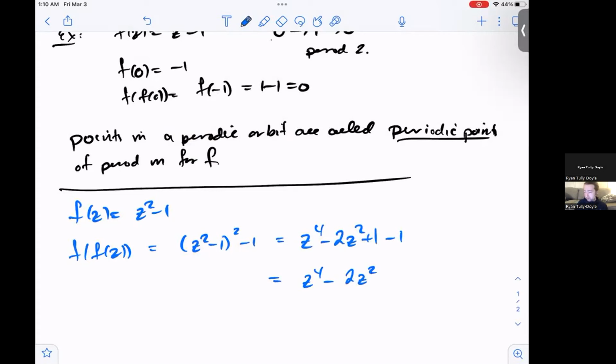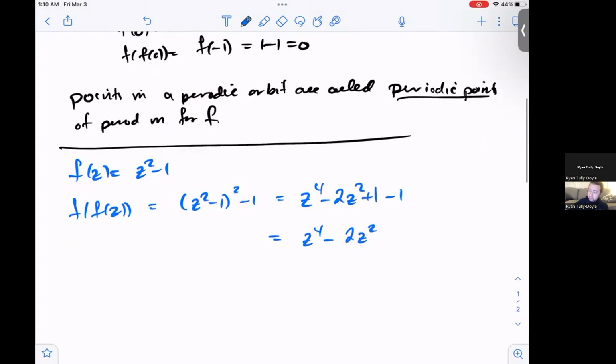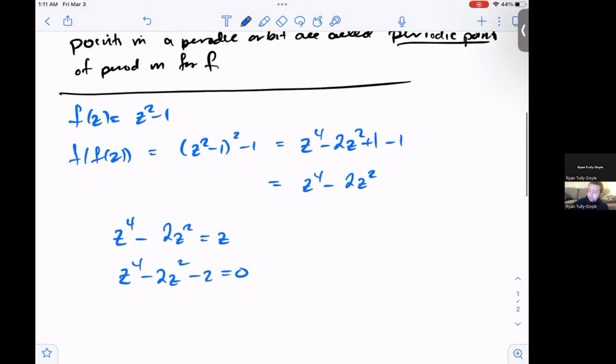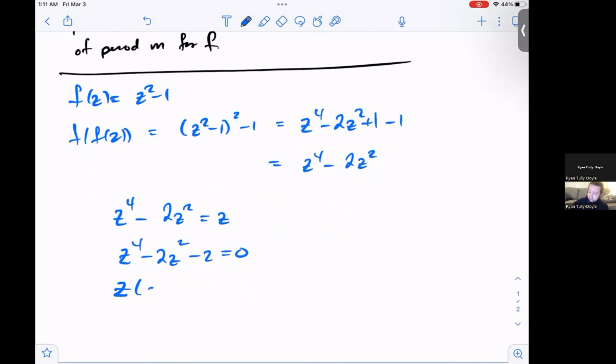And if you stare at that for a minute and you calculate its fixed points, so this is the fixed points of f of f of z, what you get is, I would like to know for which z, z to the fourth minus 2z squared is equal to z. Well, that happens precisely when z to the fourth minus 2z squared minus z is equal to 0. z equals 0 factors out of that.